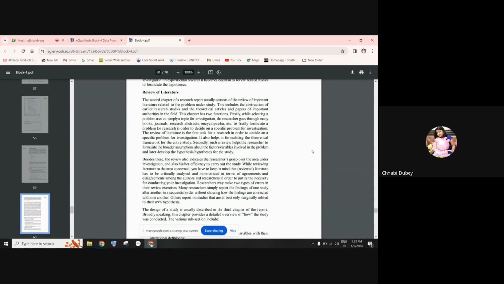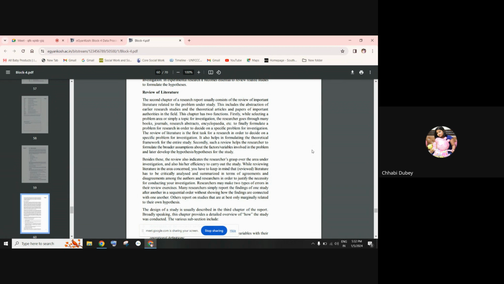Others report on studies that are at best only marginally related to their own hypothesis. So sometimes many researchers simply report the findings of one study after another without showing this interconnectedness.